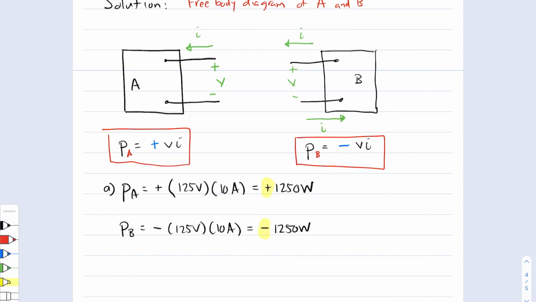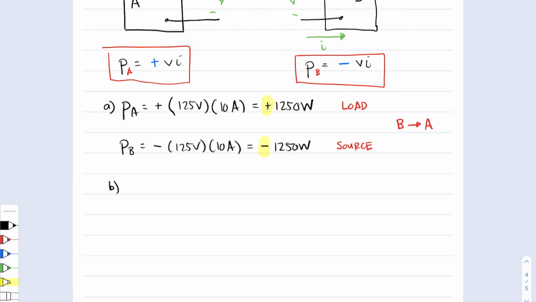So over here, A is positive. That means that this is the load. The negative means that this is the source. So the source is generating the power, the load is consuming the power. That means that this energy or this power is flowing from B to A.